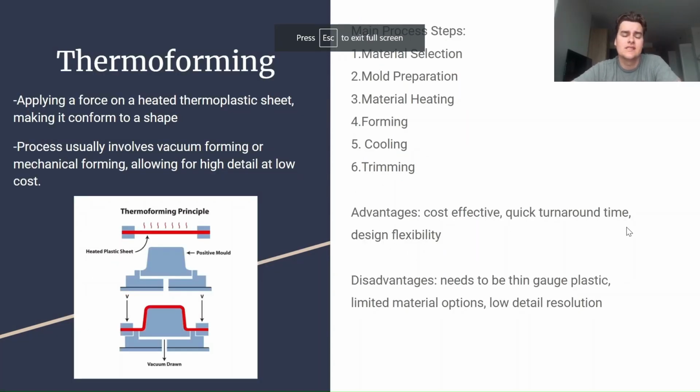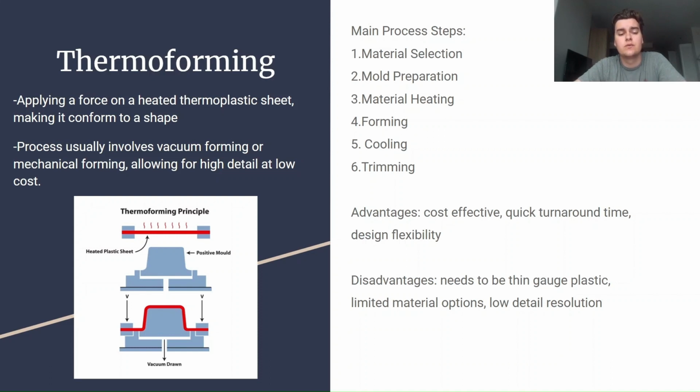Polymer thermoforming is a process where a heated thermoplastic sheet is made to conform to a shape, either using a force or a vacuum. The main processes are material selection, where a suitable thermoplastic with a certain thickness is chosen to be used.